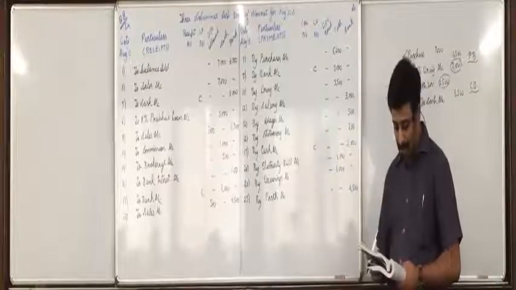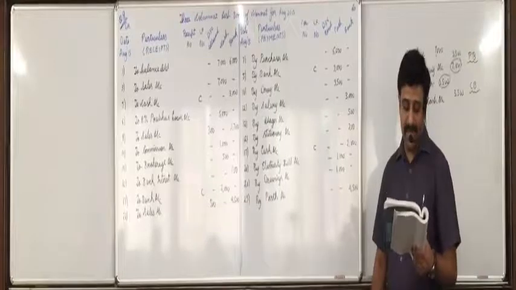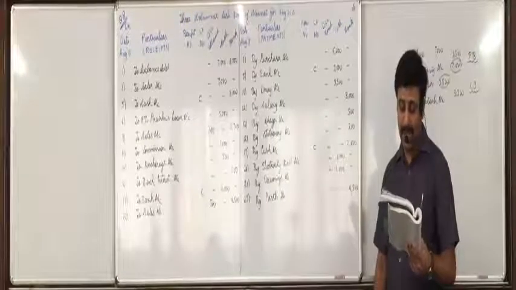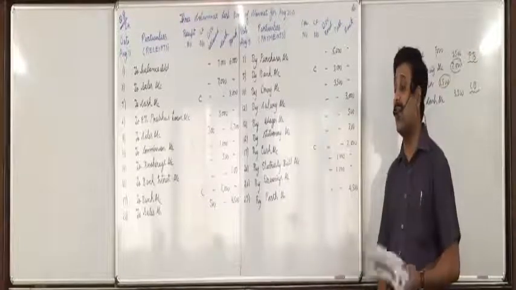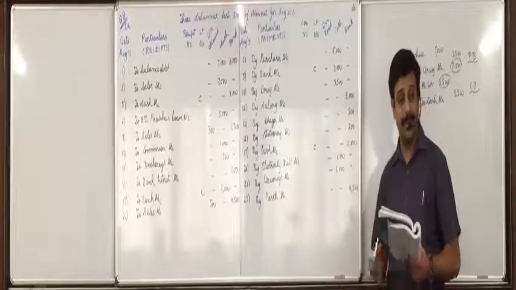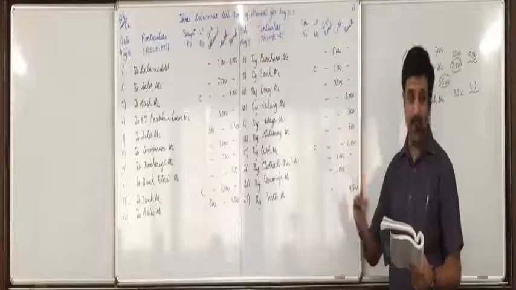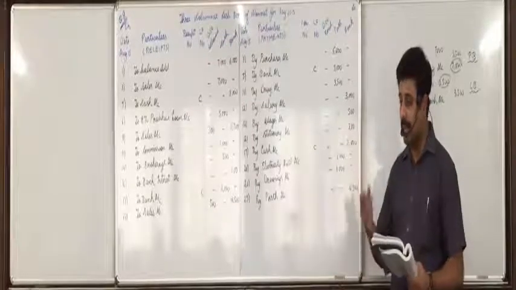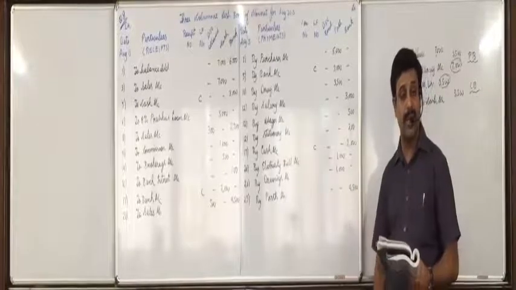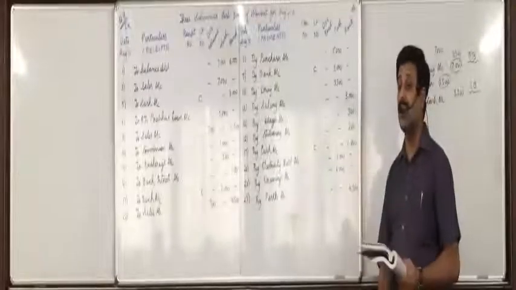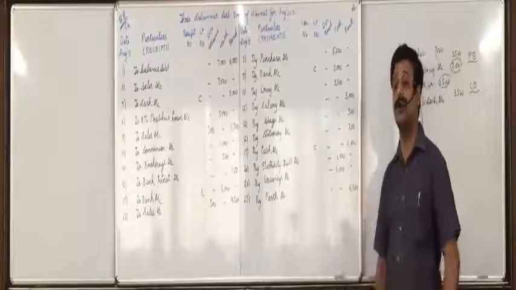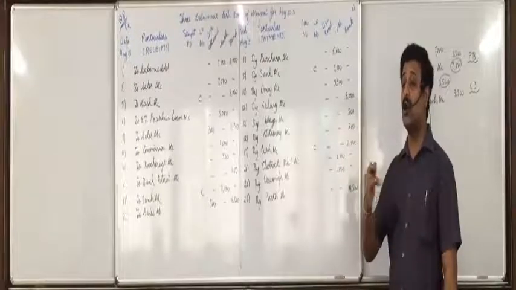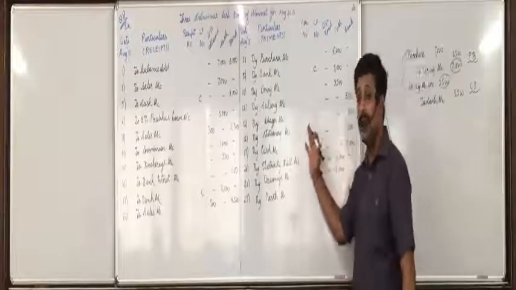Next. A check of 6050 is issued to Bansri towards an old debt and the total debt was 6100. Means 50 is allowance. Here issued to Bansri, so Bansri is the receiver. Bansri account debit 6100, to bank account 6050, to allowance account 50. To bank, to allowance, so we will write on the credit side.